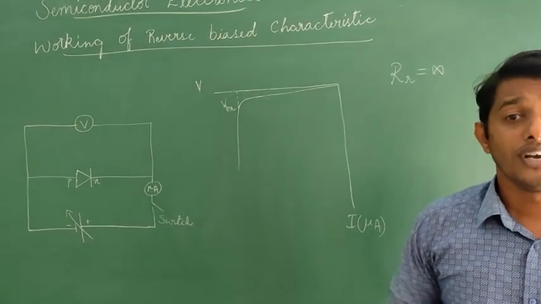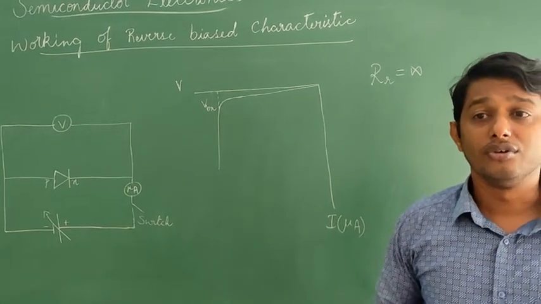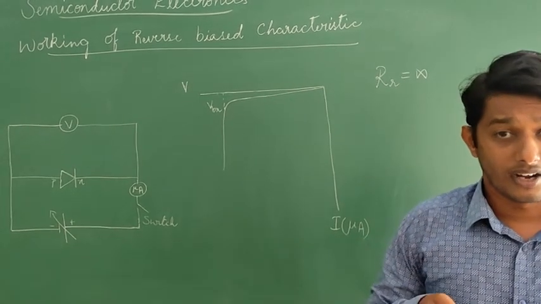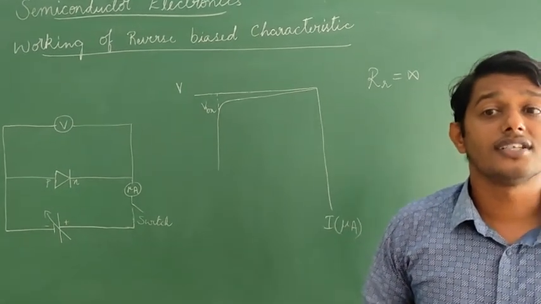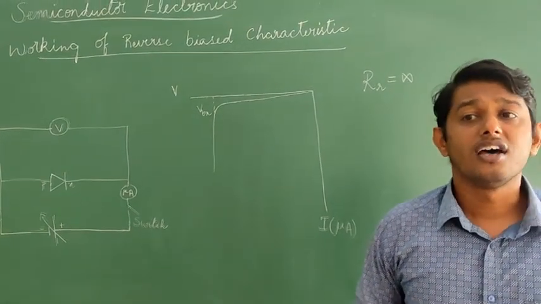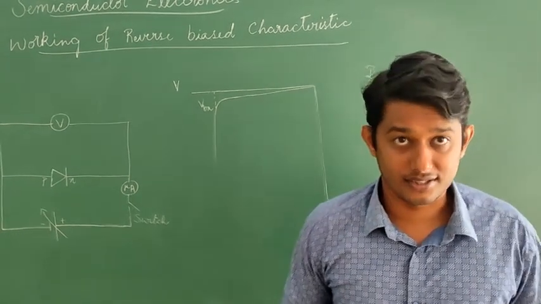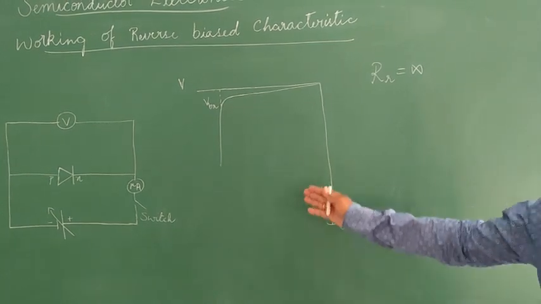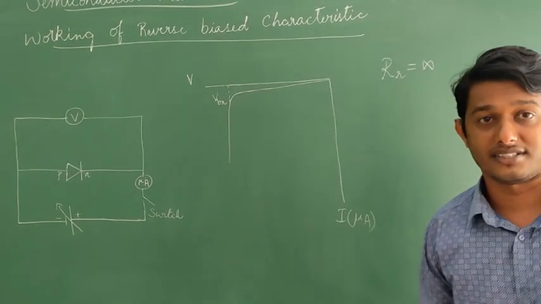The diode does not conduct due to reverse bias. The graph of reverse current versus reverse voltage is called the reverse bias characteristic, as you can clearly see in the graph here.